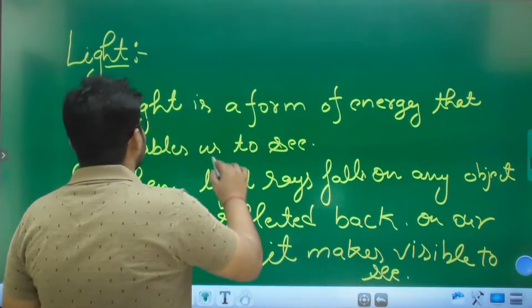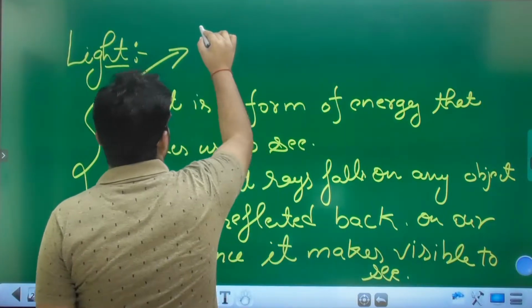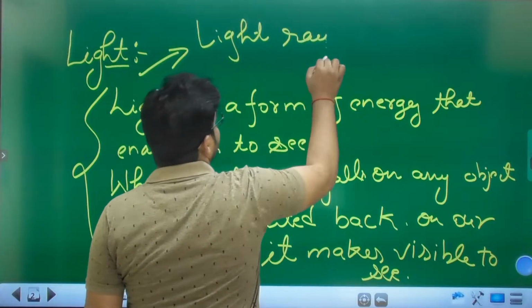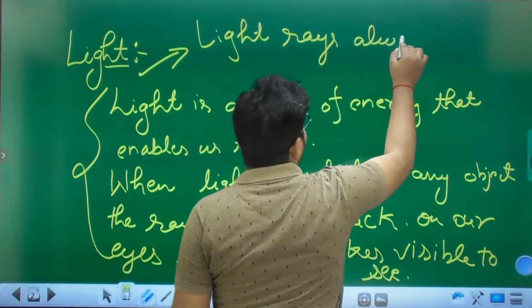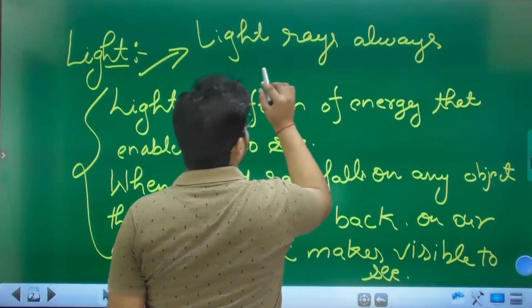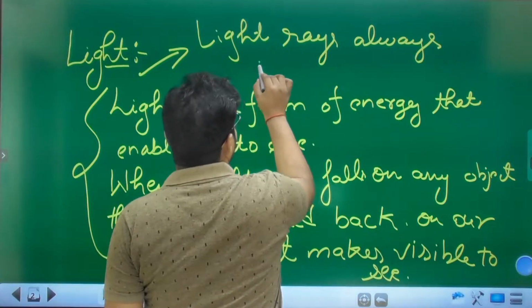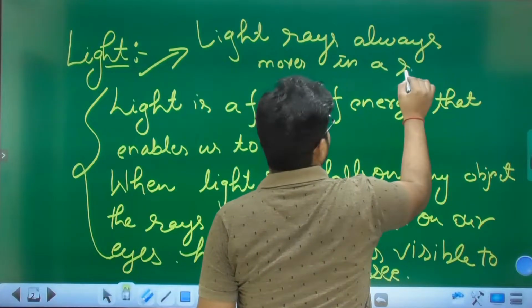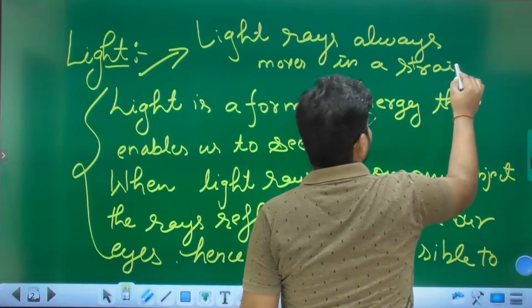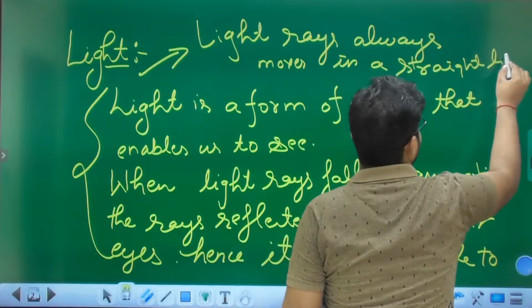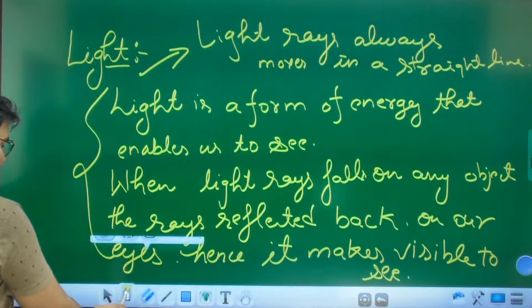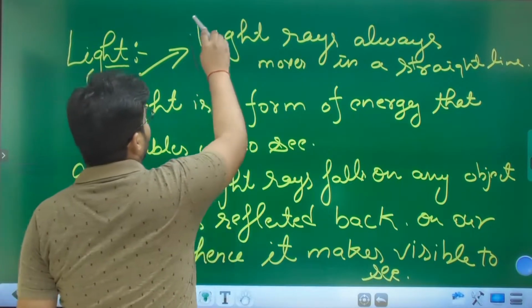Some of the features of light. Light rays always move in a straight line, so you have to note down this point also.